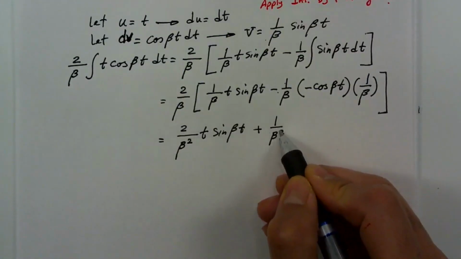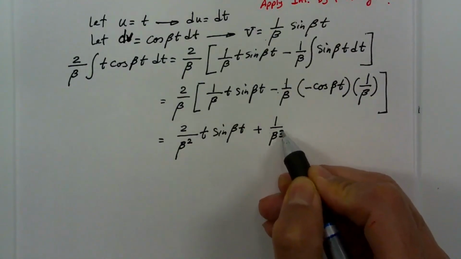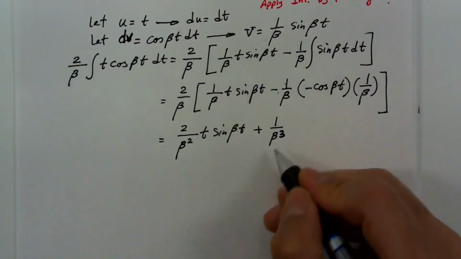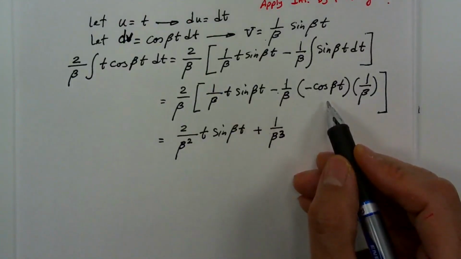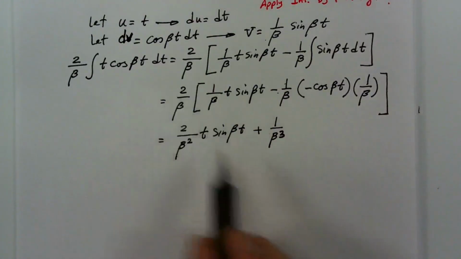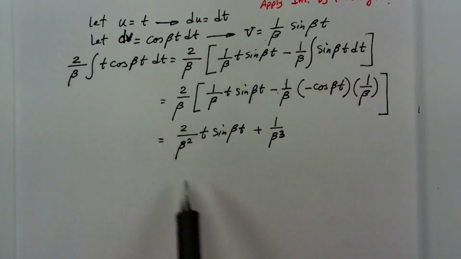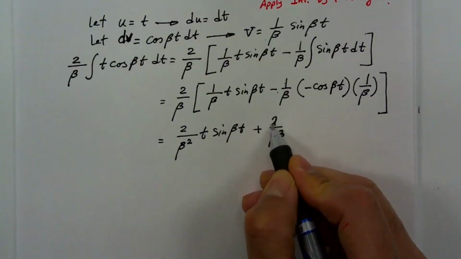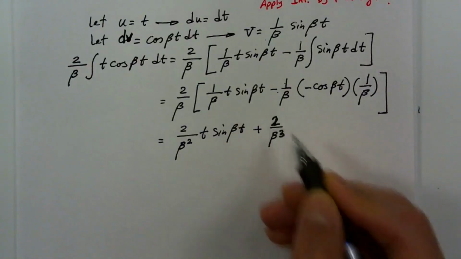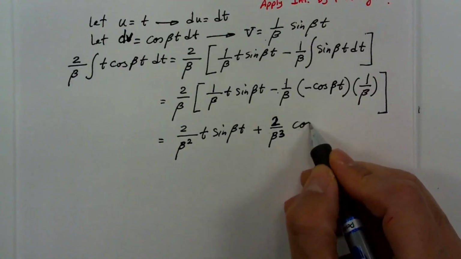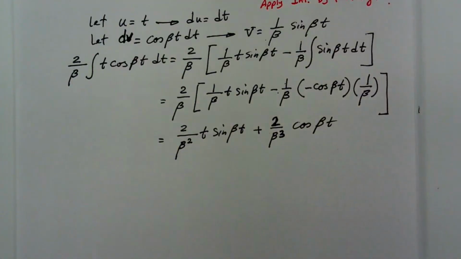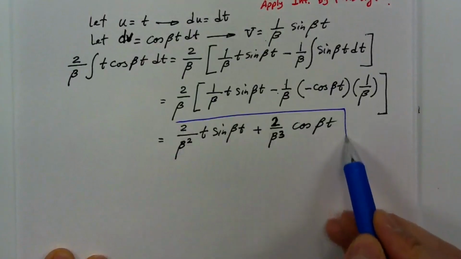So let me change this to beta cubed, so 1 over beta cubed, positive, and of course the 2 as well. So let me also change this to 2: 2 over beta cubed times cosine of beta t. And of course I'm going to add c at the end, but let's call this our equation 2.